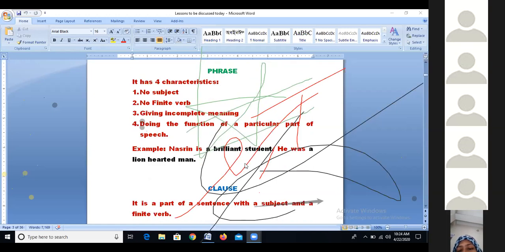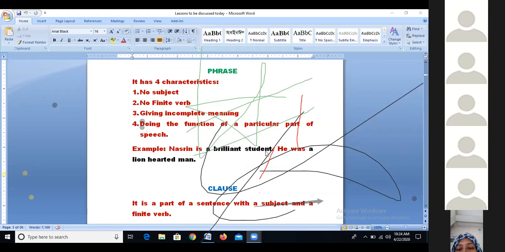Because this group of words is introduced by a determiner, a. If a group of words is introduced by a determiner, suppose a and the, then it usually does the function of a noun.